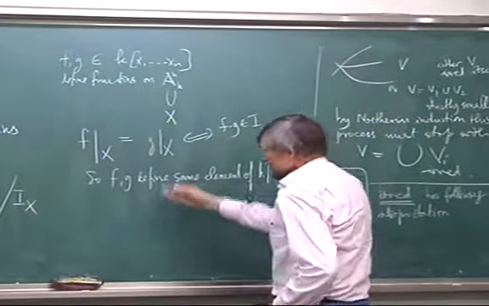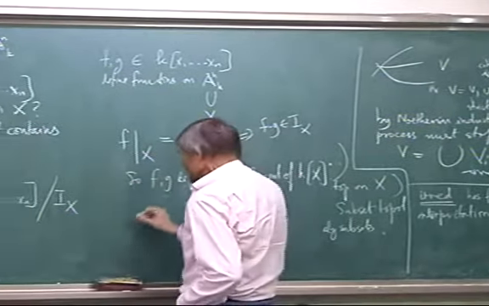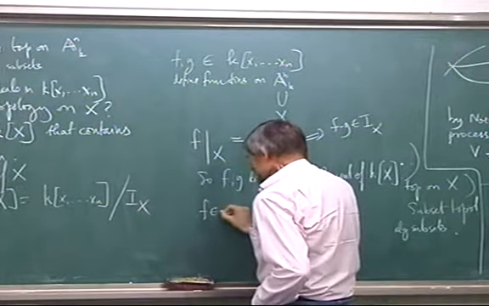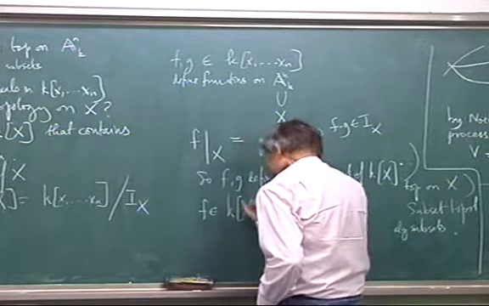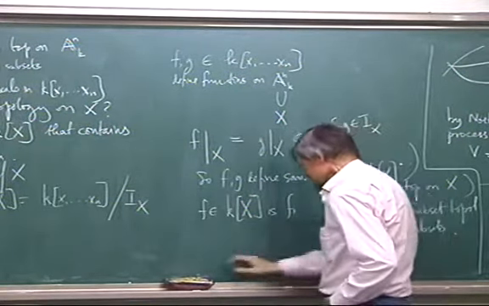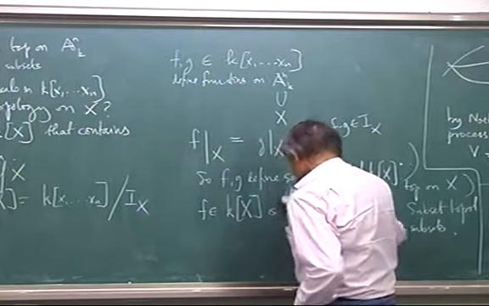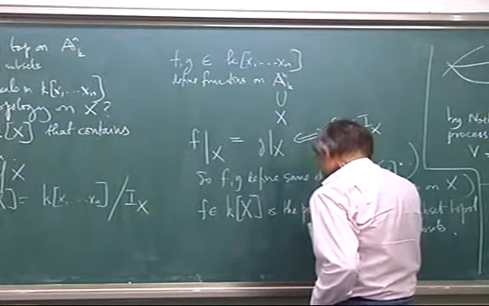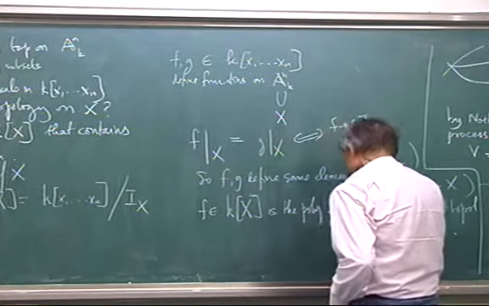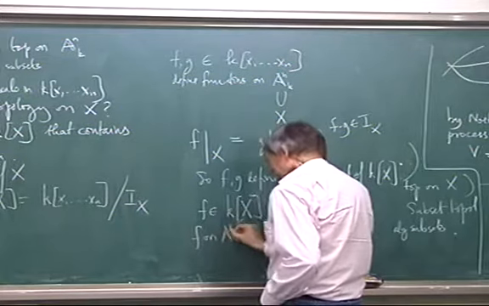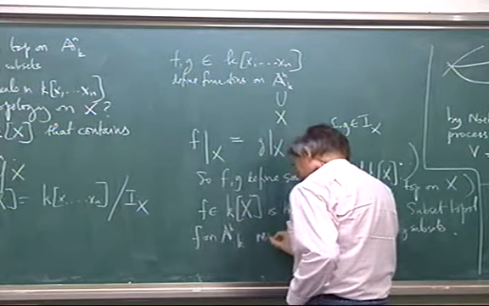What I want to do is think of the class f in this K[X] as the function. It's the polynomial function f on A^n restricted to X.